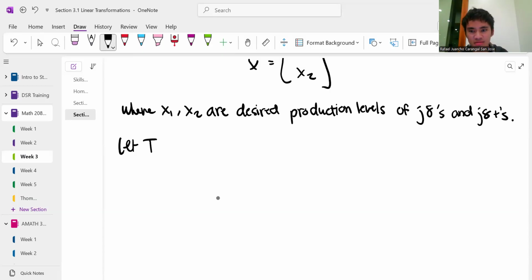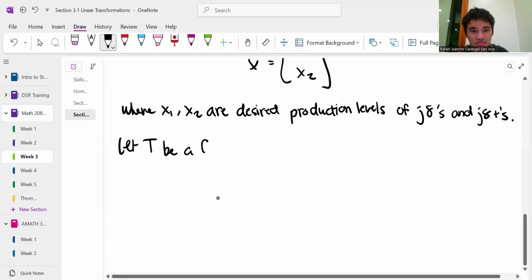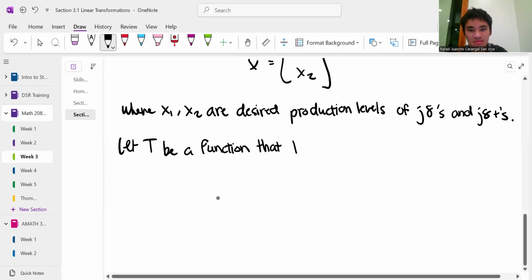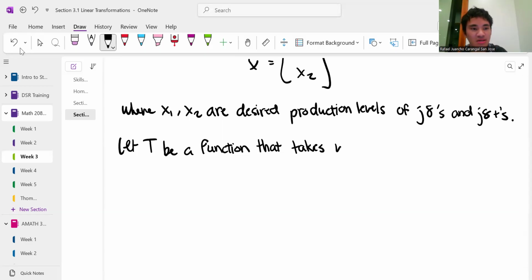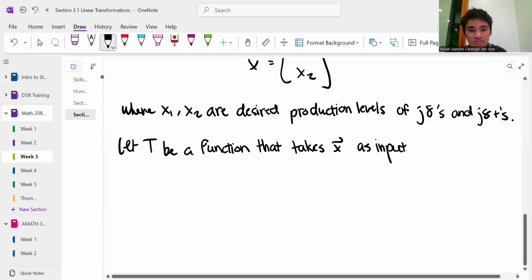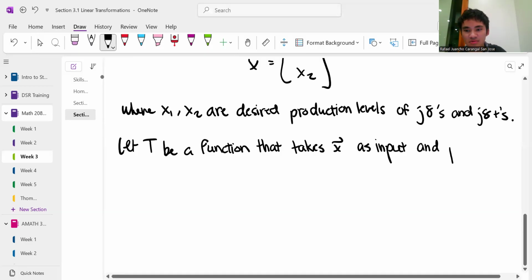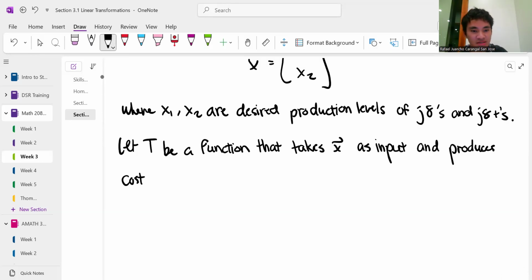We let T be a function that takes the production vector x as input, and produces the corresponding cost vector, the cost of everything basically, as output.